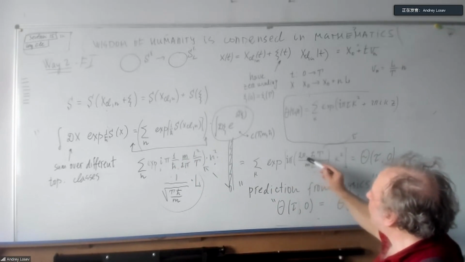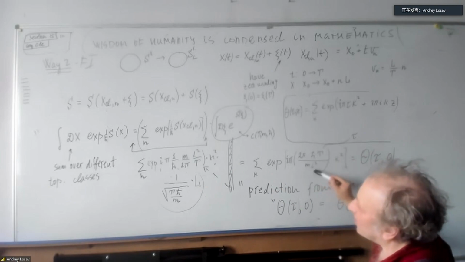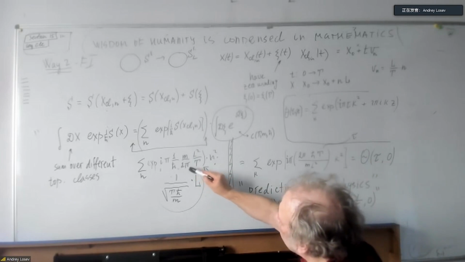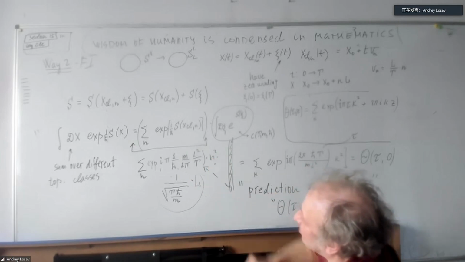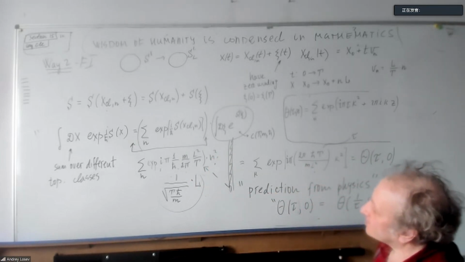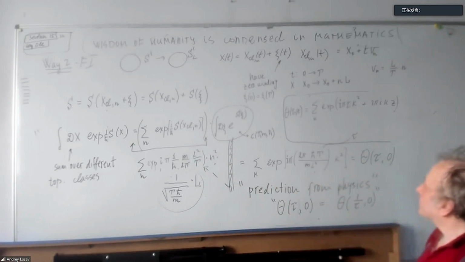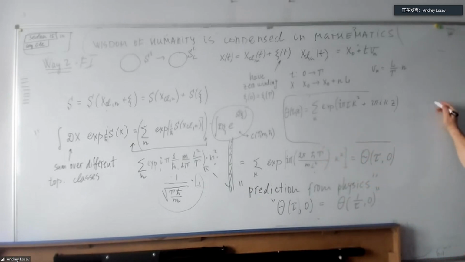So here I have 2 pi h bar t m l squared. Very good. So that's why this is tau: 2 pi h t m l squared.